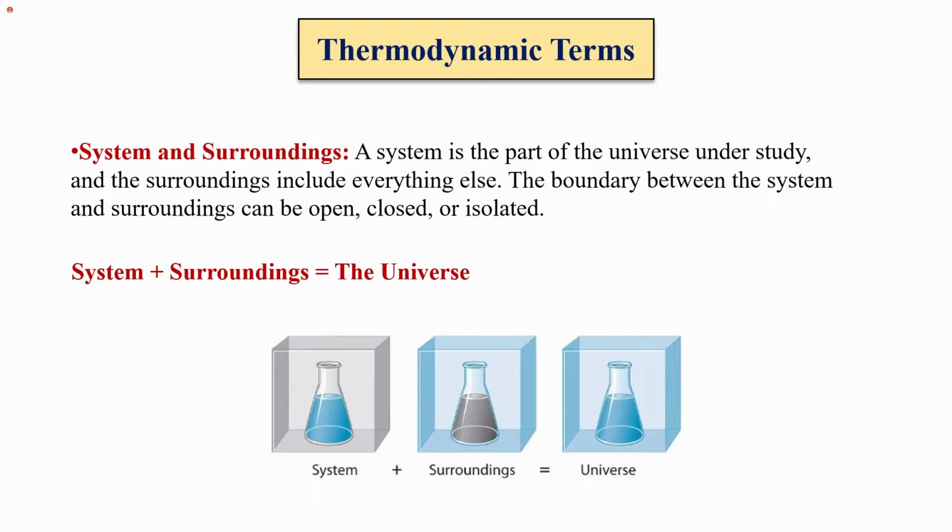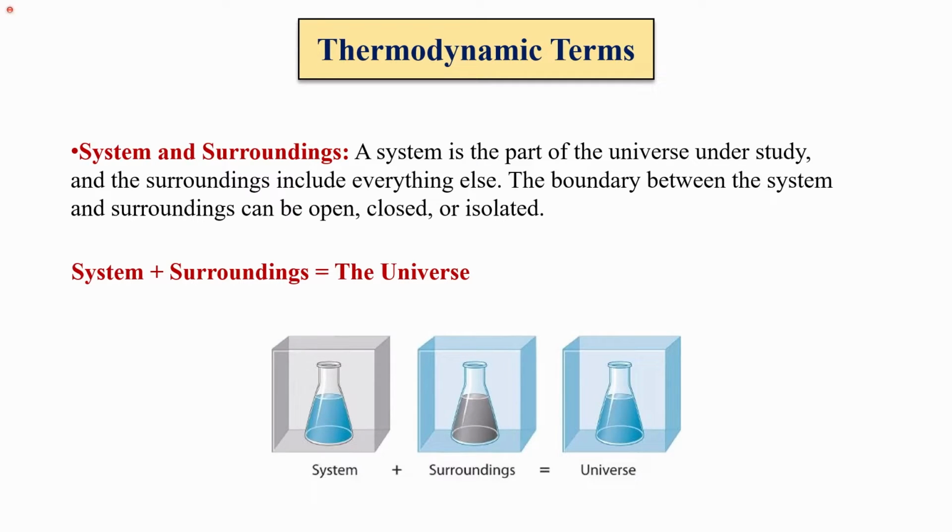We have to study something on this system. Now the system is your water, and except this, everything will be your surroundings. So except your system, every part of the universe will be your surroundings.